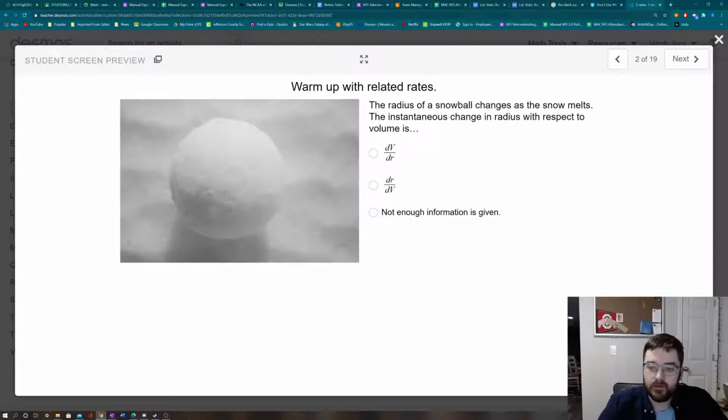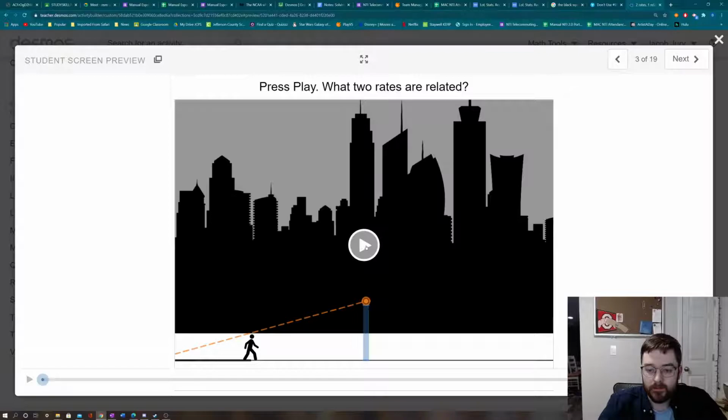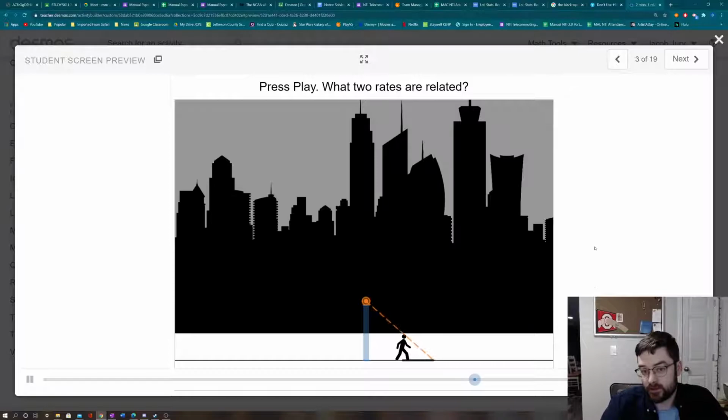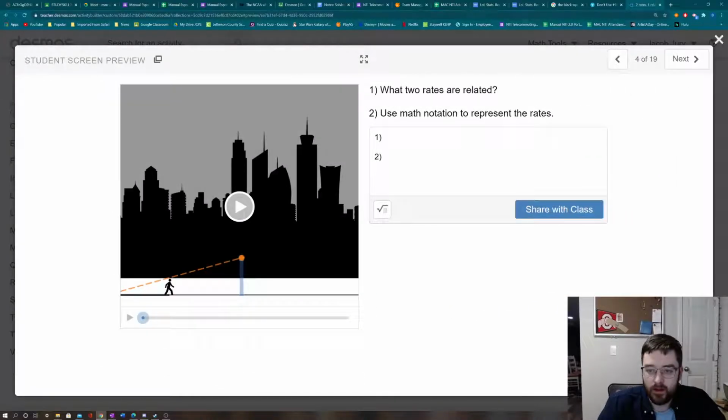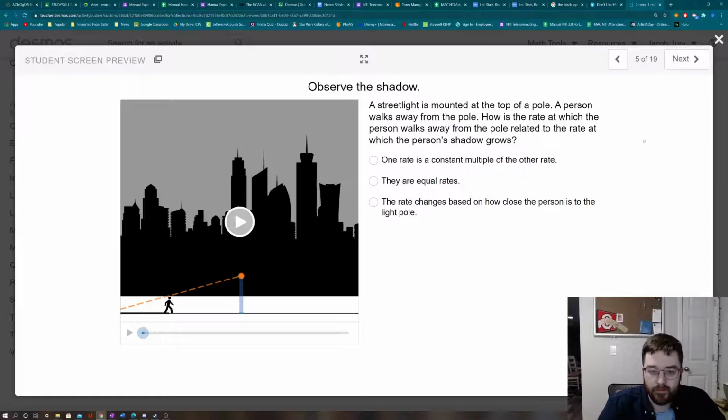It gives you a snowball example. It has some different graphics for you to look at and think about what two things are changing with respect to time. All of these are going to be with respect to time. And you can witness these items changing on the video.